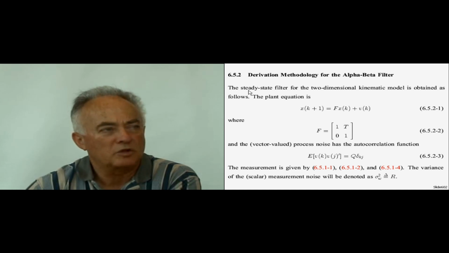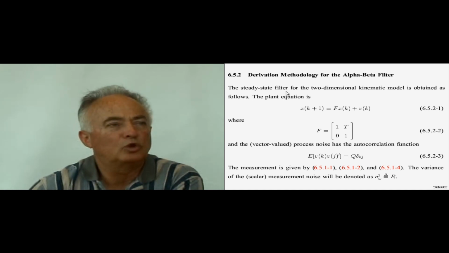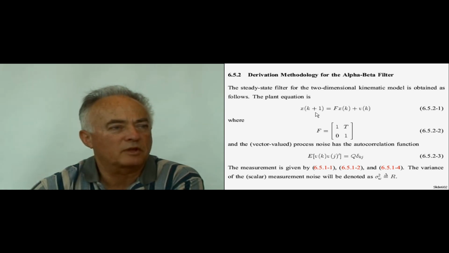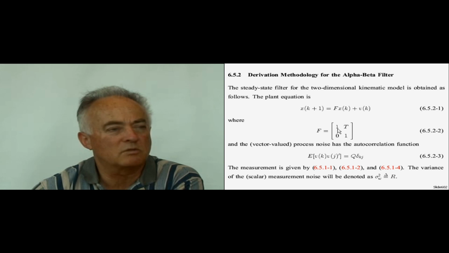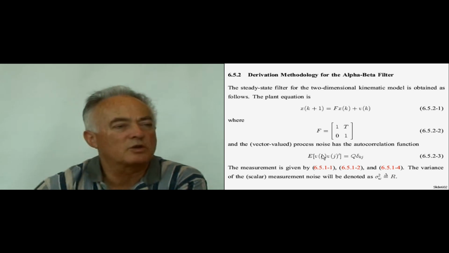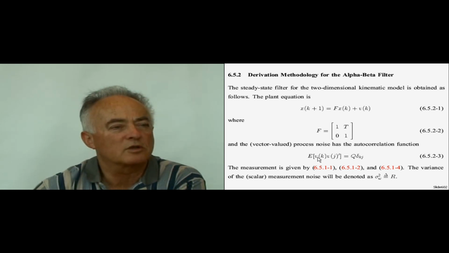Again, it will be the steady state filter for a two-dimensional kinematic model, that's white noise acceleration. The plant equation is x(k+1) = F x(k) + v(k), which must be very familiar by now. F is a double integration transition matrix, [1 T; 0 1], and the process noise covariance matrix is Q δ_kj, so that's the autocorrelation really.